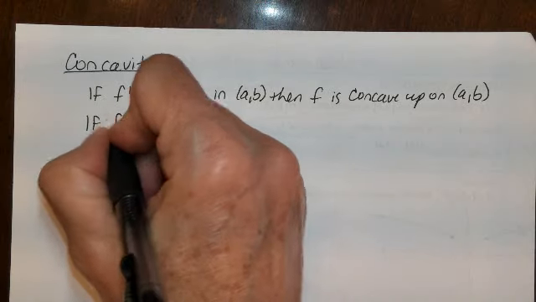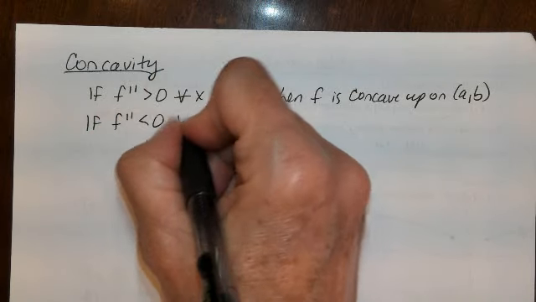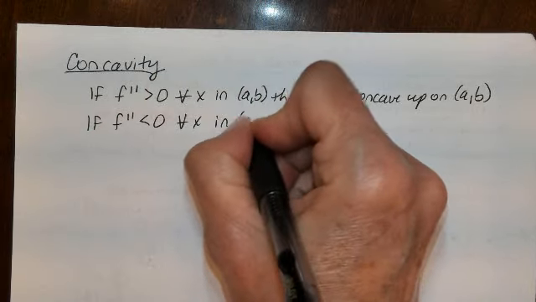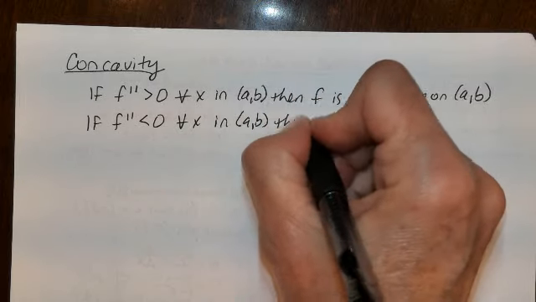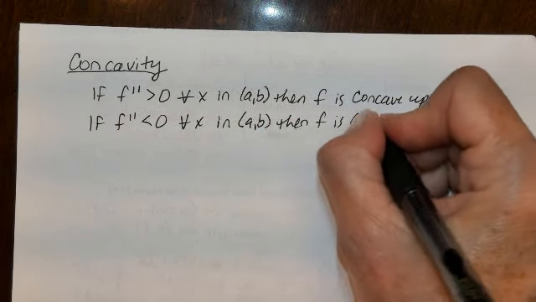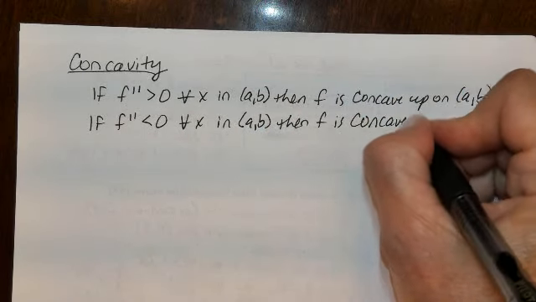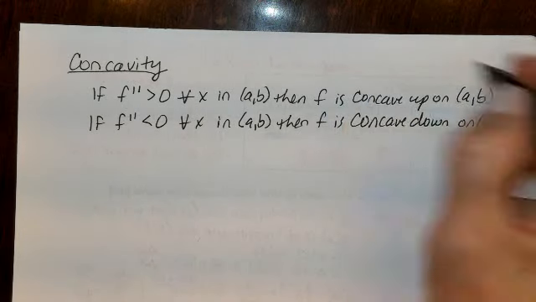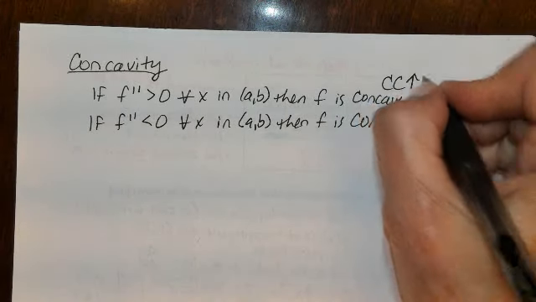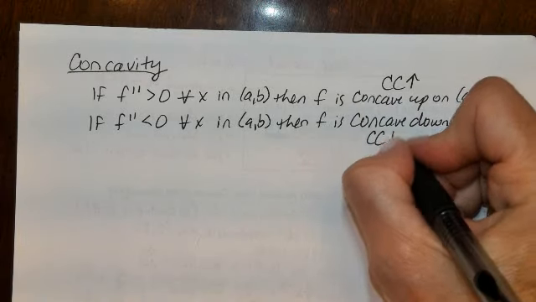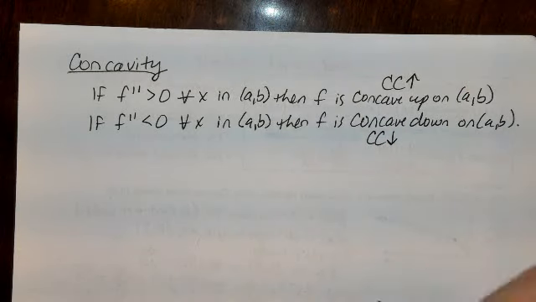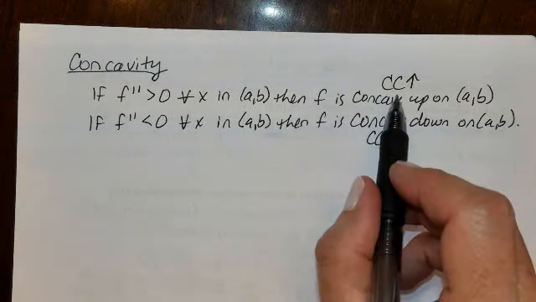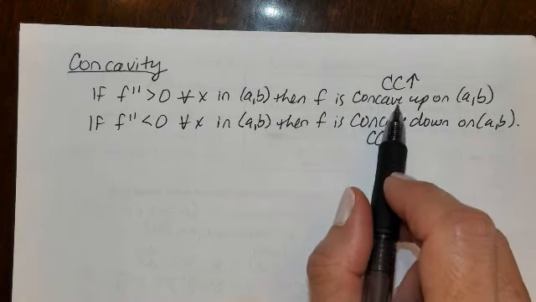If f double prime is negative, then f is concave down. We abbreviate that CC up arrow and CC down arrow. We abbreviate in class, but we don't abbreviate that in an FRQ on the AP exam.